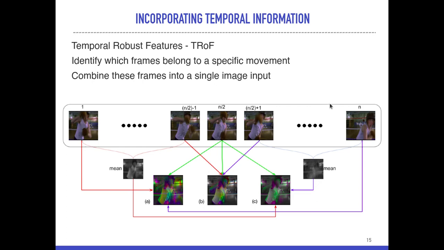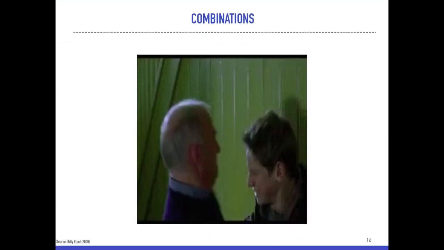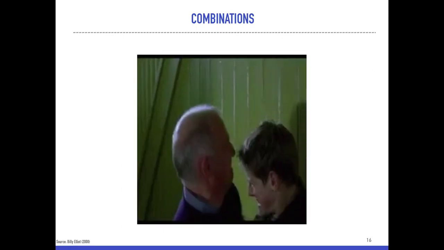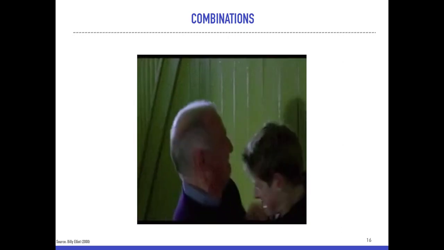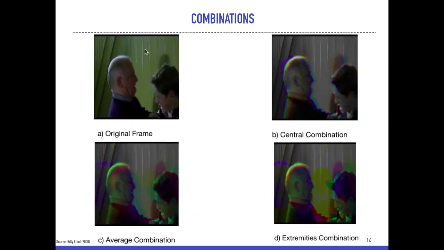To get an idea of how this works in a video, we have this short sequence, for example, and we extract the central frame from this video. We got this original frame, and then each of the three combinations that we talked about here. So this is one idea on how to use one image to convey movement, and we'll see how good they are later on.